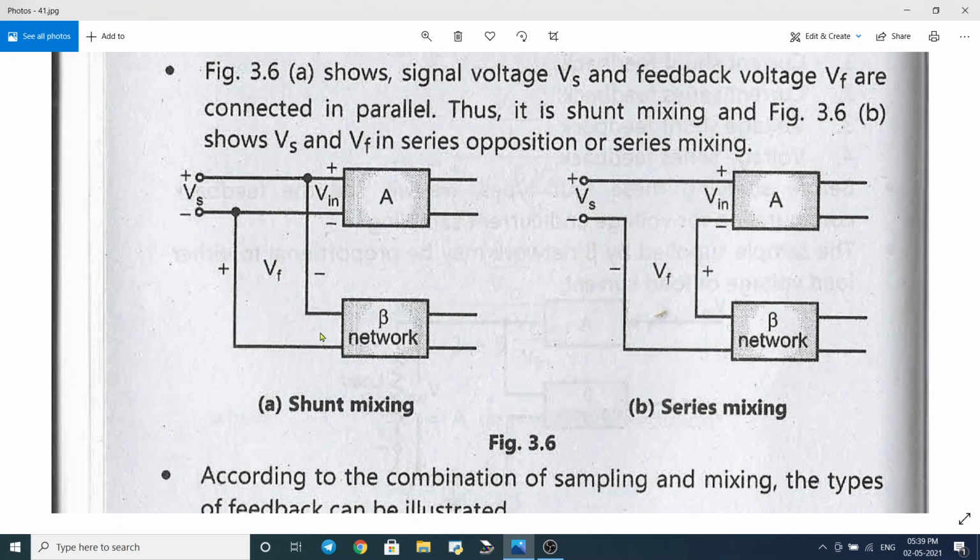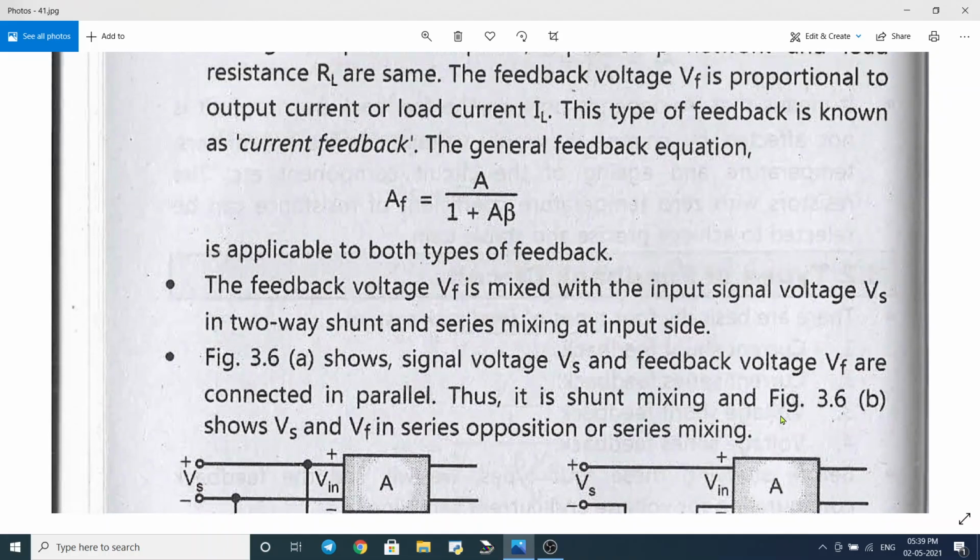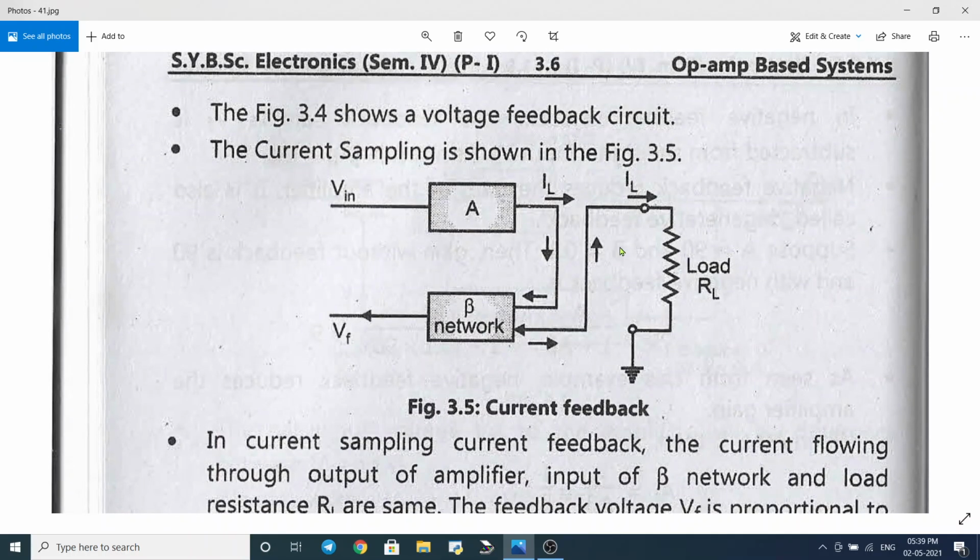Now, when we apply the feedback voltage to the input of the amplifier, this is called mixing. When we take the output feedback voltage, this is called sampling.